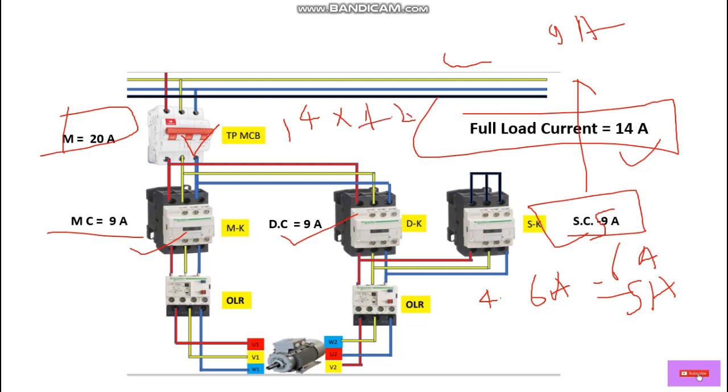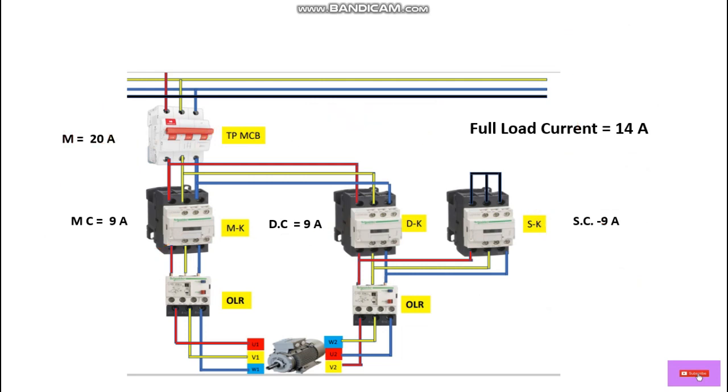So what is the value? 1.25 into 14, it becomes 17.5. So near to that we are going to select 20 amperes. That's why main breaker size is 20 ampere, then main contactor size is 9, delta 9 and star 9.